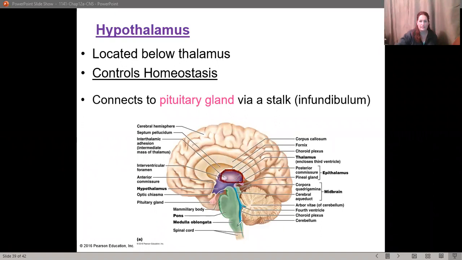and then directly underneath the thalamus, we have the hypothalamus. The hypothalamus is extremely important, and we'll talk about it when we get to the endocrine system. For now, we're going to look at how it is involved in controlling homeostasis.